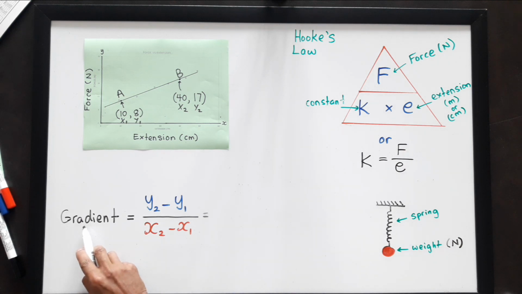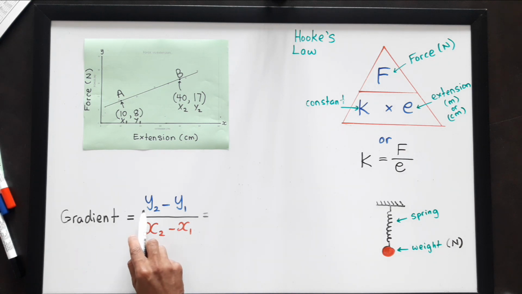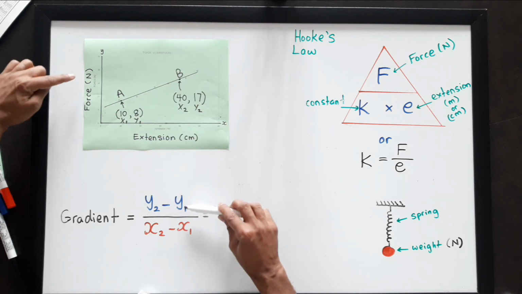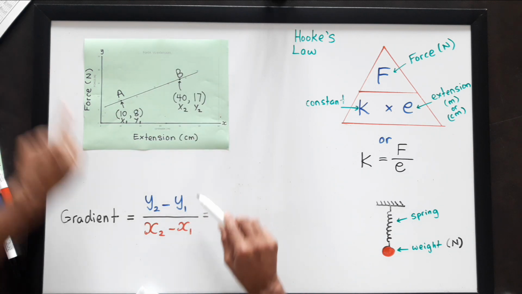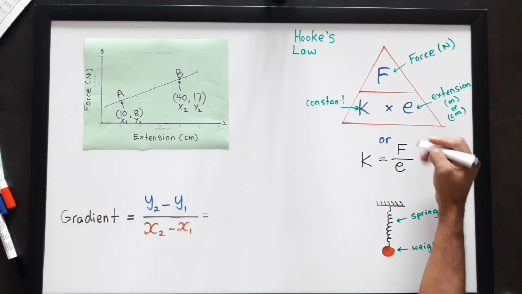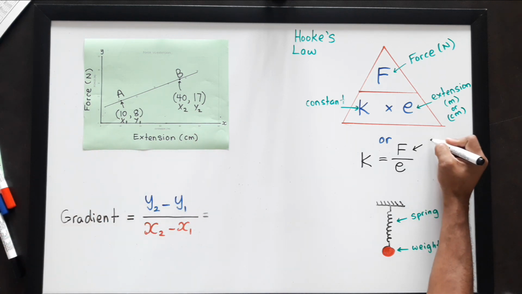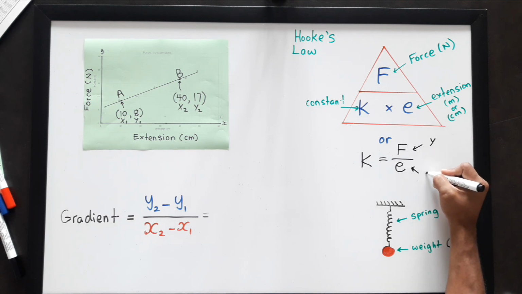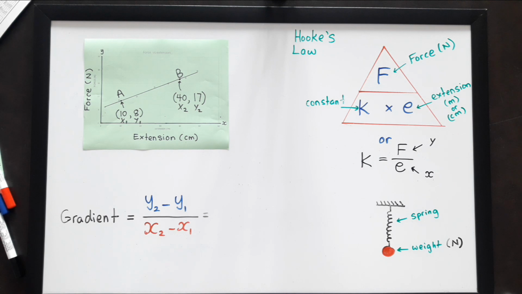Now you will notice something. Remember, to find gradient, you're basically taking the y values and dividing it by the x values. You will notice the force is on which axis? The y-axis, and the extension is on the x-axis. The force is on the y-axis, and the extension is conveniently laid out on the x-axis.